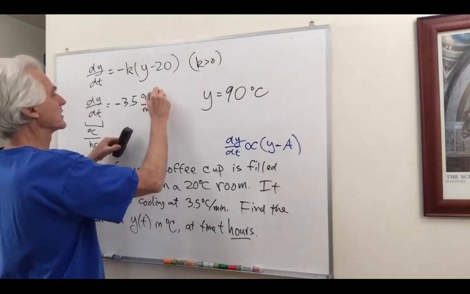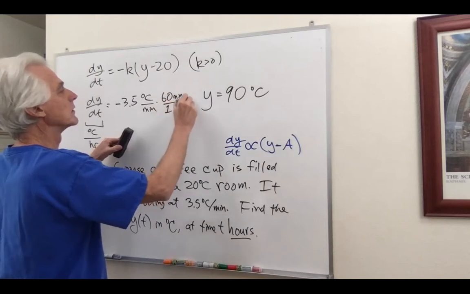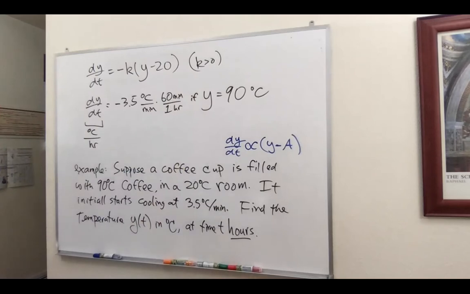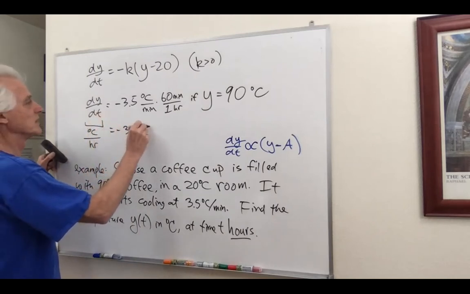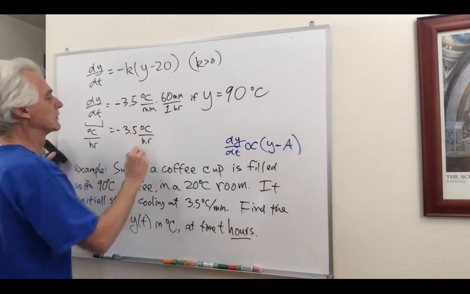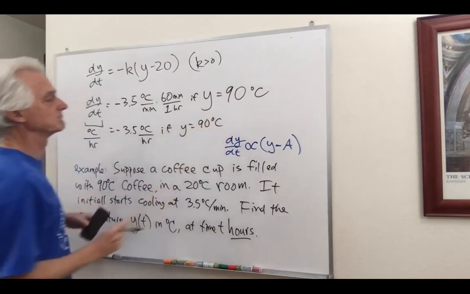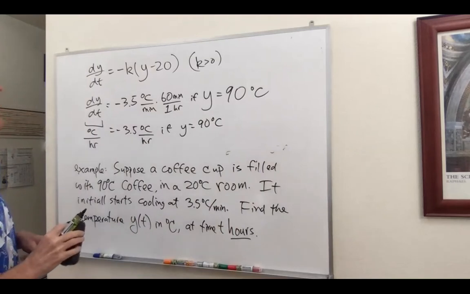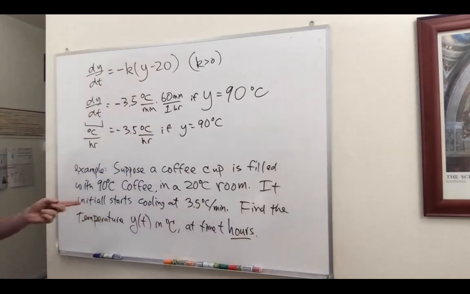So we have 60 minutes over 1 hour. All right, good. So that means that dy/dt is minus 3.5 times 60 degrees C per hour if y is 90 degrees C. So this is going to be enough to find out what k is.